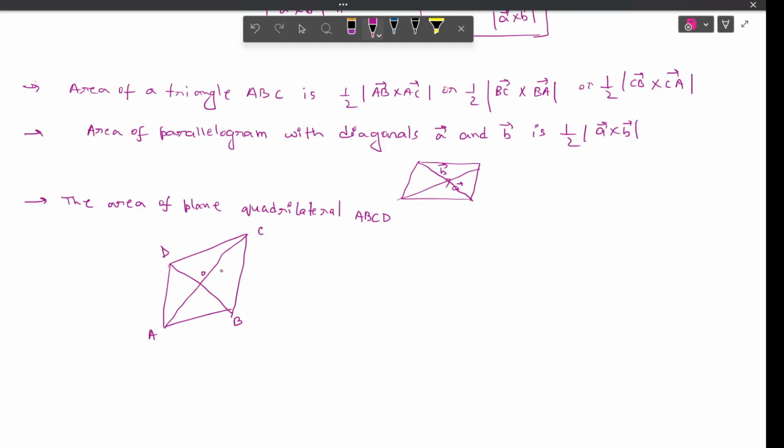This is your any quadrilateral. Then the area of quadrilateral this ABCD is half of multiplication of similar in this manner, half of AC cross BD. That means cross multiplication of the diagonals. Okay, remember this.